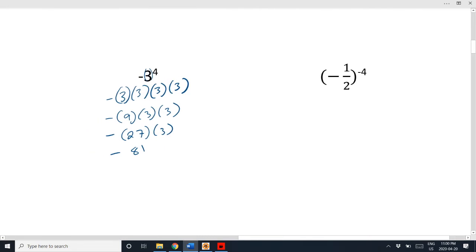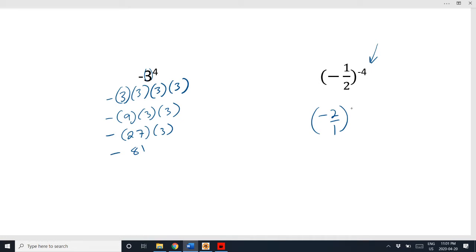Let's try the next example. We have negative 1/2 to the power of negative 4. As you can see, the exponent is negative, so we must follow the rule mentioned earlier. We must take the reciprocal of the base and change the negative exponent to a positive exponent. So what is the reciprocal of negative 1 over 2? Well, it's negative 2 over 1, or in other words, just negative 2.